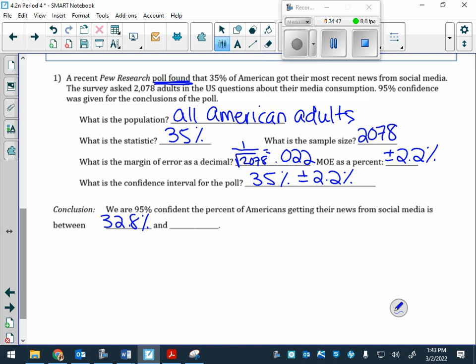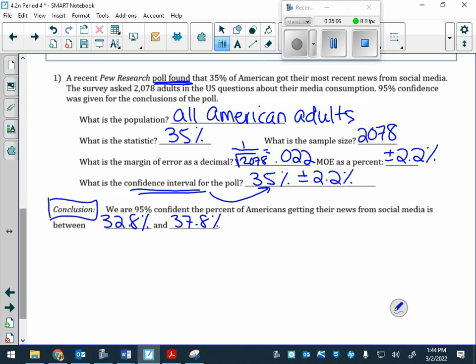Then we add it. Okay, so it's 35 minus 2.2, 35 plus 2.2. Okay, so this right here, our conclusion is our confidence statement. Anytime it's asking for the interval, you can write it just like that.